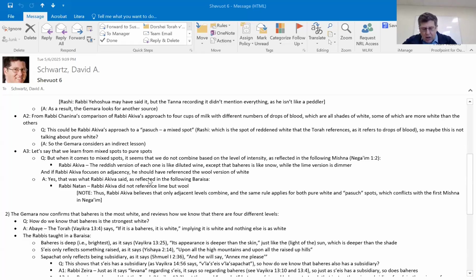V'chi tema ki hechi deshamat le b'fasuk hachi shamat le b'chaluk. And if you want to say, hey, maybe Rabbi Akiva would treat the pure whites the same way he treats the whites that have the Adam Demes in it, that have the reddish hue.